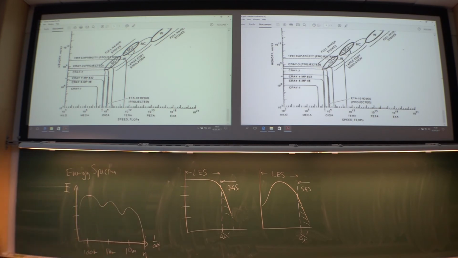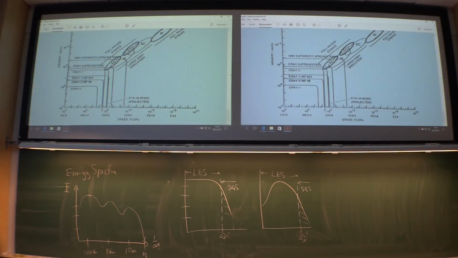And the y-axis here is memory, given in what we call words. One word was 8 bytes. So we were playing around with different Cray machines. The first one we bought here in Trondheim was the XMP. And then later we bought a YMP machine.